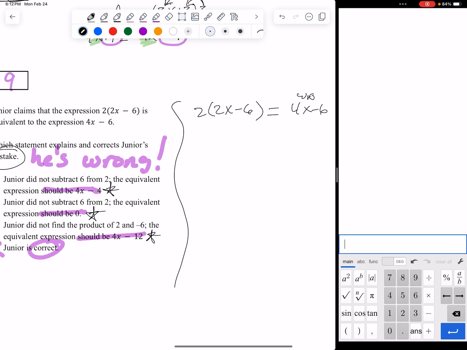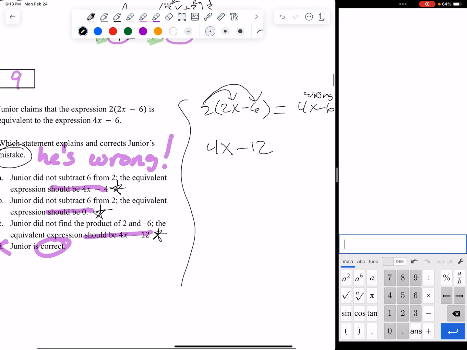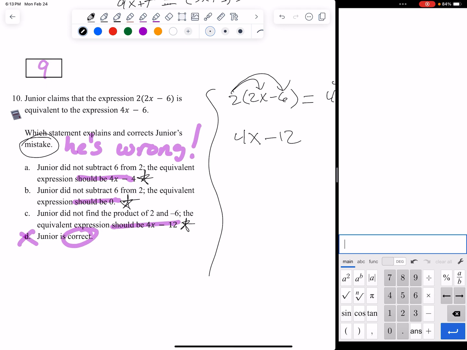That is wrong, so I'm going to go ahead and do it myself. That means I'm going to distribute. I'm going to get 2 times 2, which is 4x, and 2 times negative 6, which is negative 12. So which one of those options should it be? Can you guys see it already? Please. It's not 4x minus 4. It's not 0. It's that one.